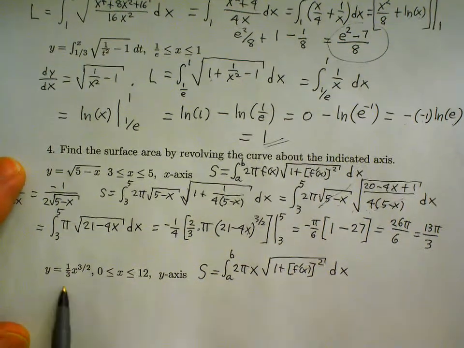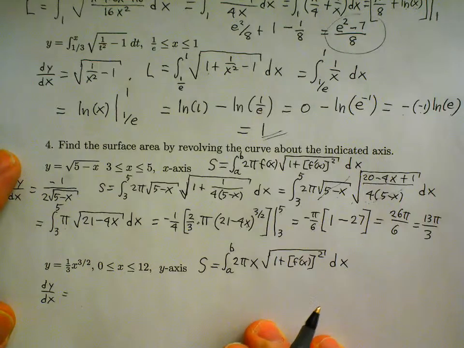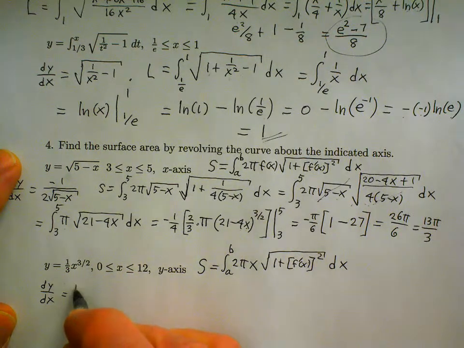So we need to know the derivative, dy dx. 1/3 times 3/2 is 1/2 times x to the 1/2.